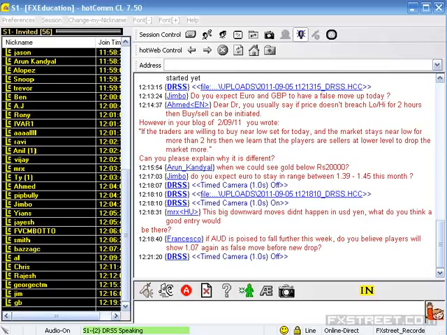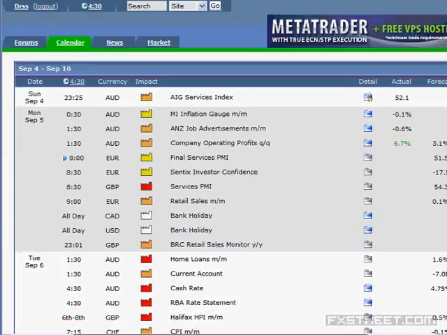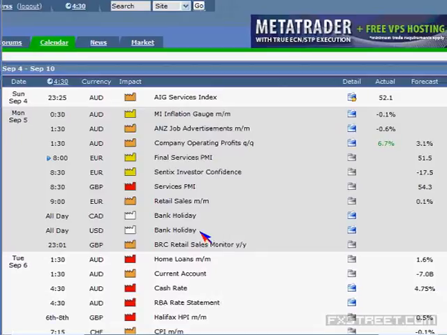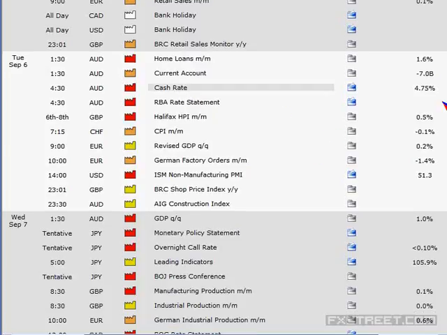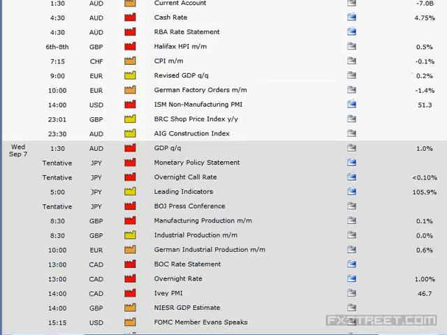And with regard to the calendar, today it's a bank holiday in Canada and the US, Labor Day in the US, so you find that not many trigger points are seen. But on Tuesday you find the Australian dollar rate decision is expected, and the expectation is 4.75, no change, and that is expected to bring in volatility and a downward move in that market.